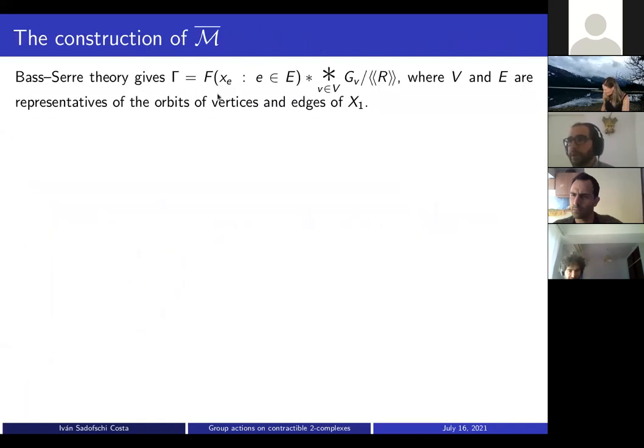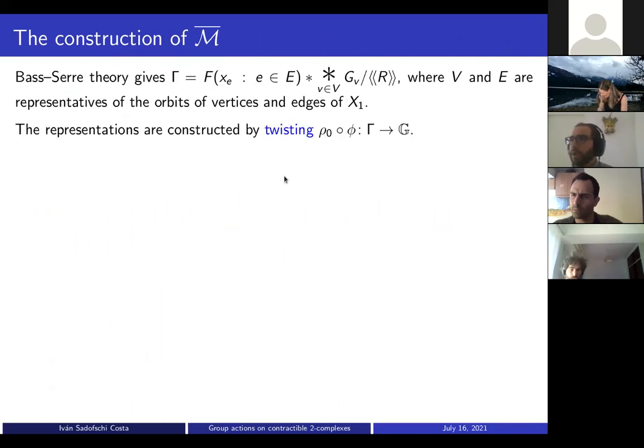Bass-Serre theory describes gamma as a quotient of this coproduct of a free group on these generators and these stabilizers here by certain relations which amalgamate some of these groups. Here, B and D are representatives of the orbits of edges and vertices of the graph X1.